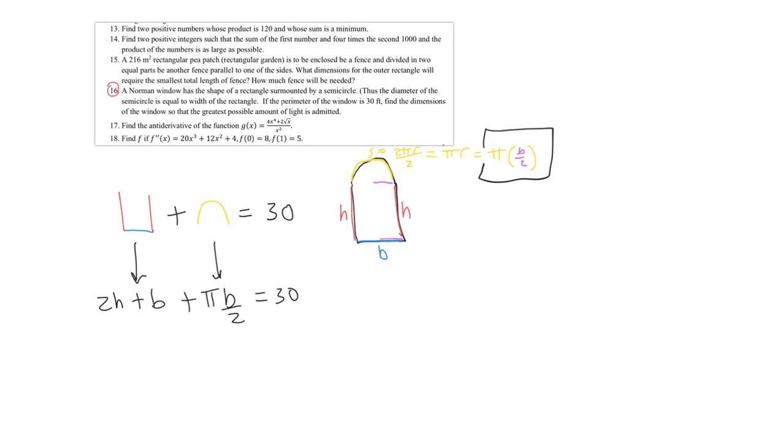Now, the area of the window is a different story. The area, which by the way we're trying to maximize, is going to be the rectangle formed by the shape at the bottom, plus the area of the semicircle.